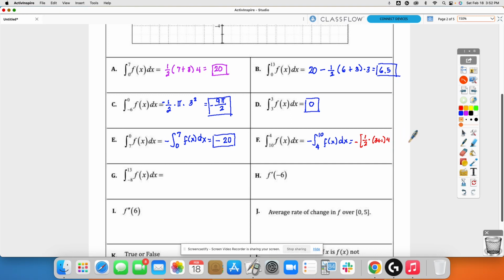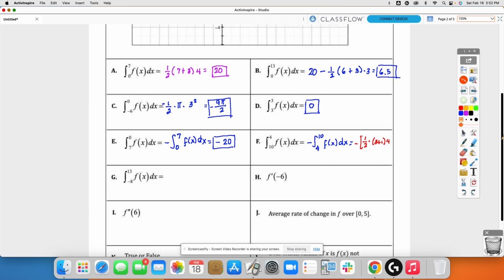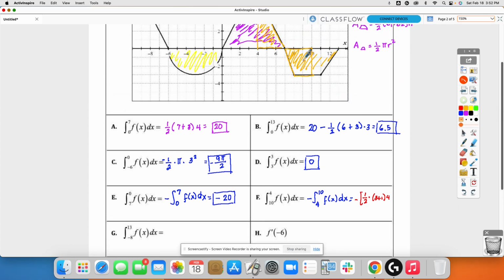And then we have to subtract the area of the trapezoid from 7 to 10. So that would be minus, again, 1 half. And then our bases are 3 plus 2, and the height is equal to 3.